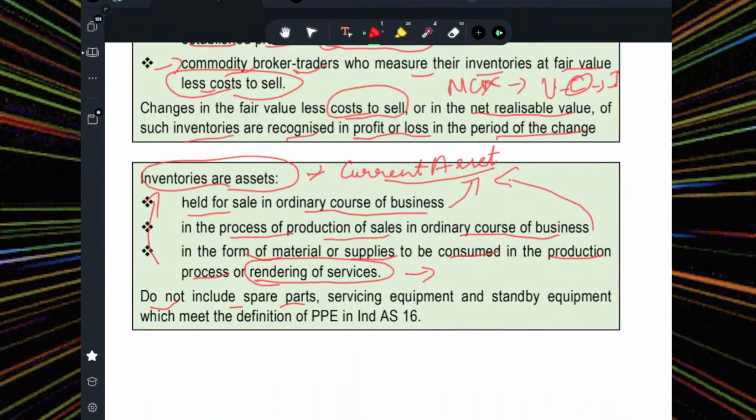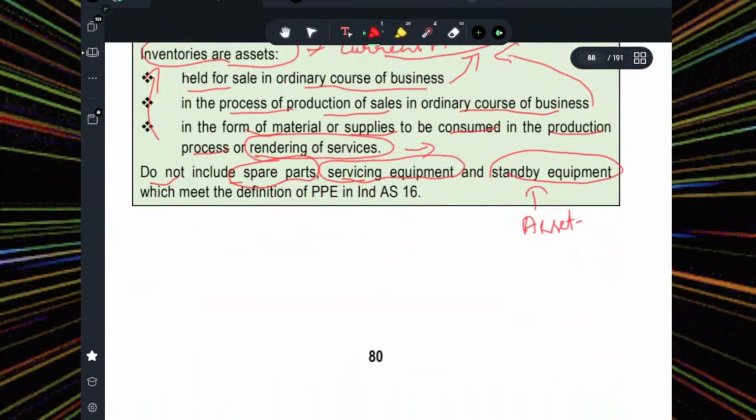Do not include spare parts. Spare parts cannot be inventory. Servicing equipment cannot be inventory. Standby equipment cannot be inventory. These all come into the asset category, as fixed assets, but they can't be considered inventories. They fall under property, plant and equipment as per Ind AS 16.